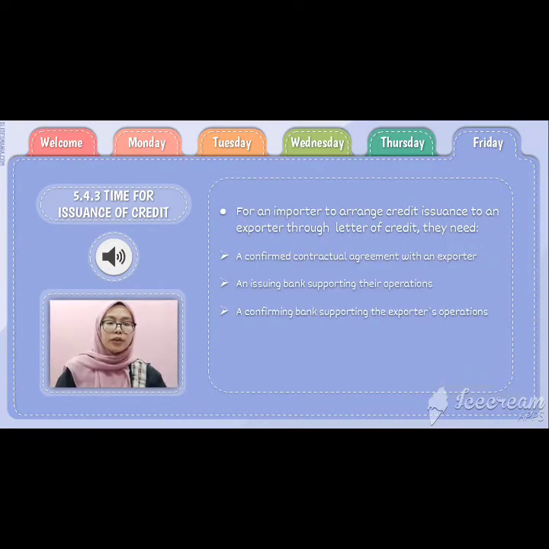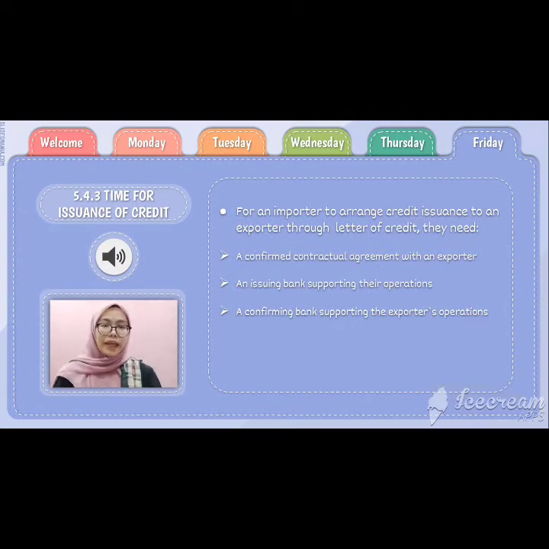Next, for an importer to arrange credit issuance to an exporter through a letter of credit, they will first need a confirmed contractual agreement with an exporter whereby the exporter will produce goods and transport them to the importer's jurisdiction according to agreed terms and conditions in exchange for an agreed payment.